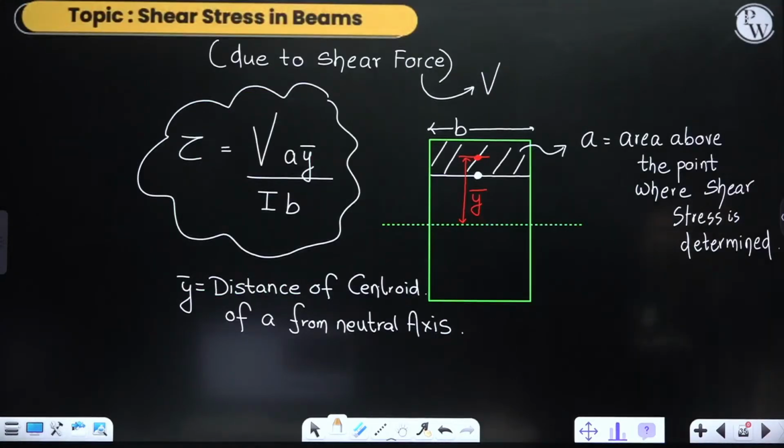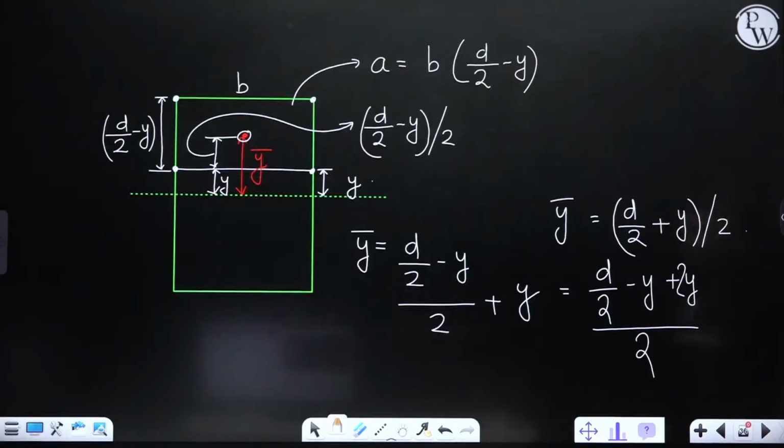Let me see from the starting. V A y bar by I b, very good. Then d by 2 minus y, very good. d by 2 minus y by 2 plus y, very good. Y bar is equal to d by 2 minus y plus 2y by 2, so d by 2 plus y by 2. Very good. A is b into d by 2 minus y. Sorry, y bar is not correct.